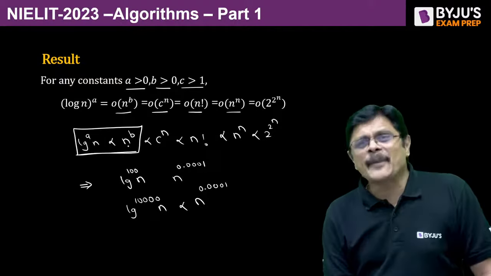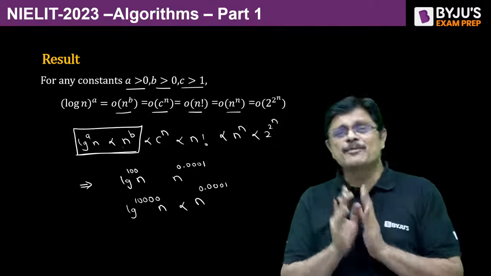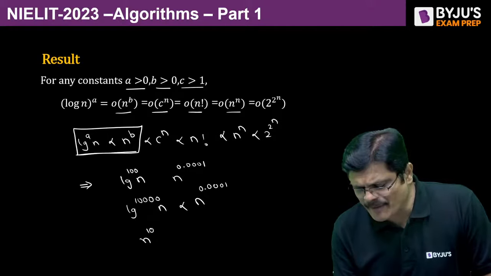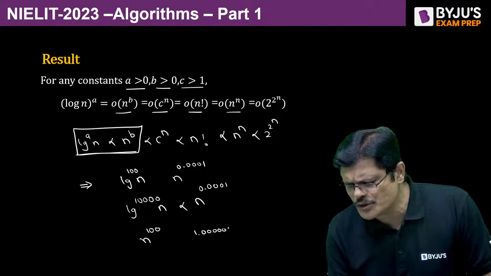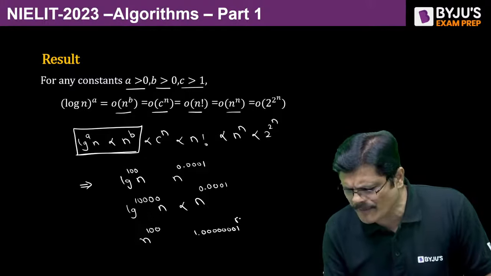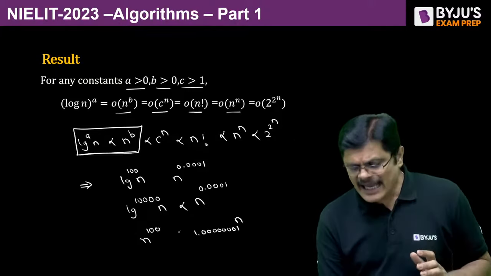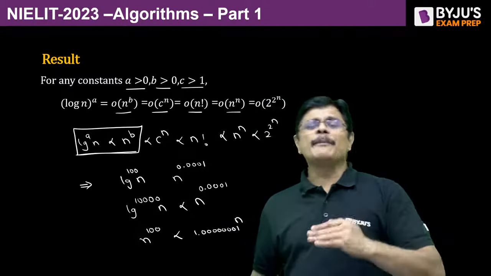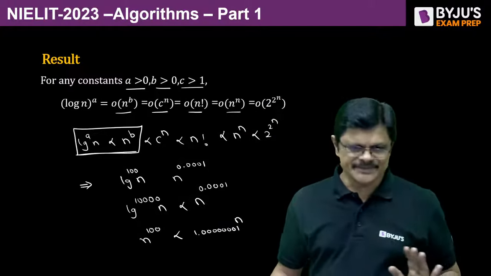Similarly, n power b, as long as b is constant, is smaller than c power n. For example, if I have n power 100 and if I have 1.00000001 whole power n, even here n power 100 is smaller than this, 1 point something power n.